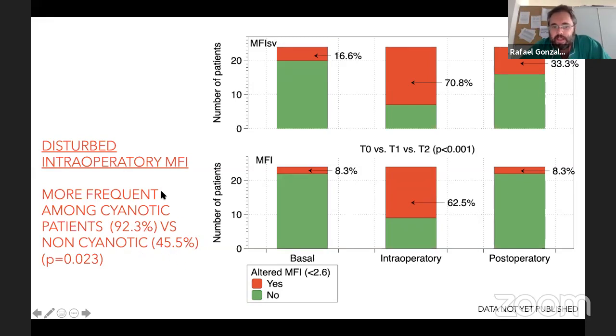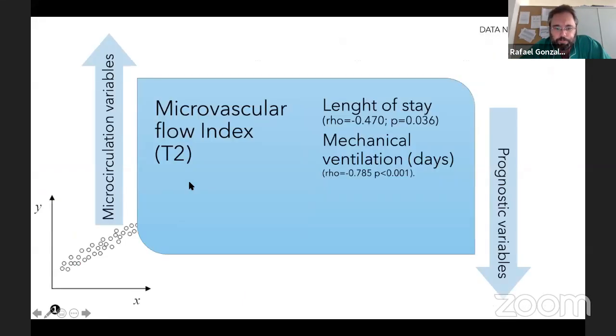So we can say that cyanotic patients might be at higher risk of microcirculatory dysfunction. We also tried to correlate the microcirculatory variables with prognostic variables, and we saw that the value of microvascular flow index after the surgery was inversely related to the length of stay and the length of mechanical ventilation use.